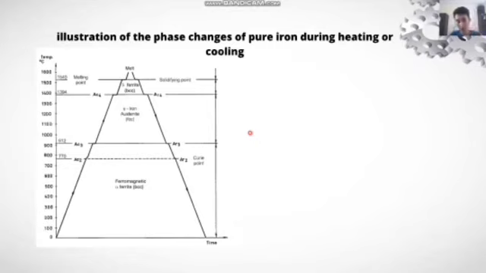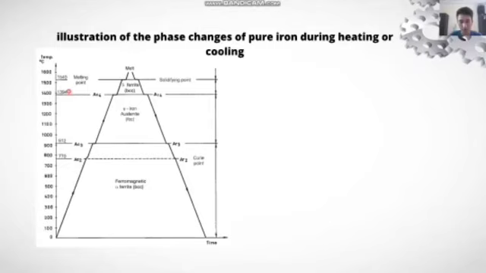After solidification is complete, the temperature drops at a uniform rate until the temperature of 1394 degrees Celsius or 2541 degrees Fahrenheit is reached.